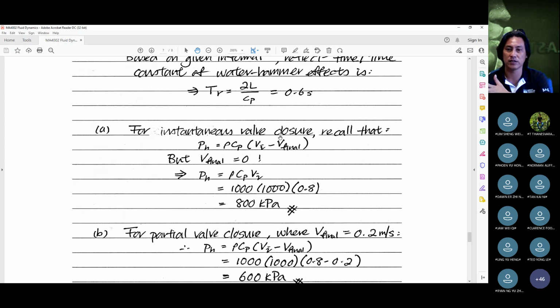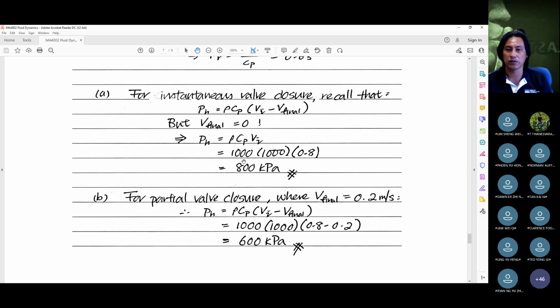Since final velocity is 0, we just multiply by the initial velocity. Density of water is 1,000 kg per meter cube, which I'm quite sure you know how to assume. The pressure wave velocity is 1,000 meters per second, given by the question. Initial velocity is 0.8. I'm sure you can work out that it is 800 kilopascal. So that's the water hammer pressure once you shut off the valve instantaneously and fully.